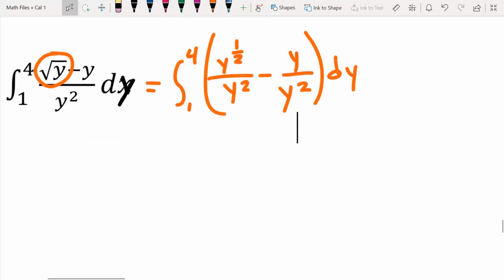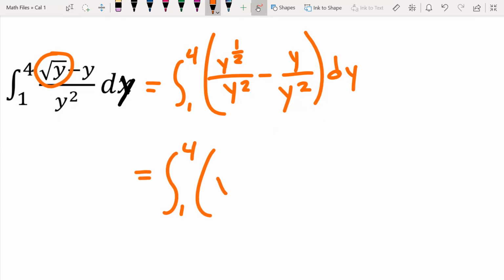Okay. And then more cleanup, the integral from 1 to 4. y to the 1/2 over y squared is going to give me y to the negative, what's that, 3 halves.